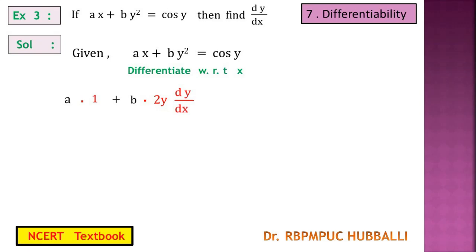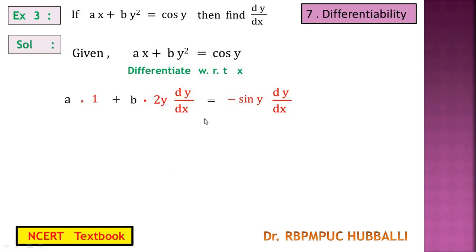I think you got it, how to write the y variable function's derivative. Same as the x variable derivative answer, but multiply by dy by dx. So y square means 2y into dy by dx is equal to, now cos y. What is the cos y derivative? The cos function derivative is minus sin y into the derivative of y, that is dy by dx.